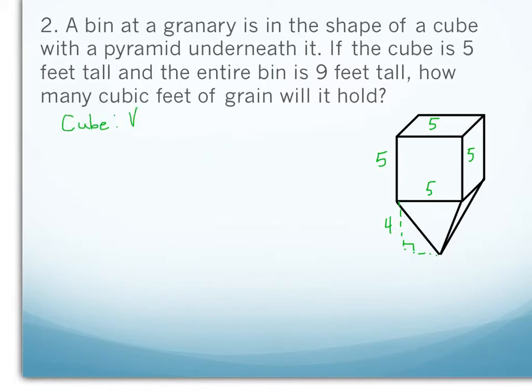So for our cube, volume will equal the area of the base, so 5 times 5, times the height, which is 5. So the volume of the cube is 25 times 5, or 125 feet cubed.